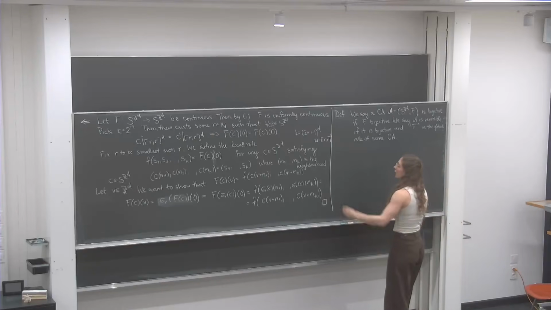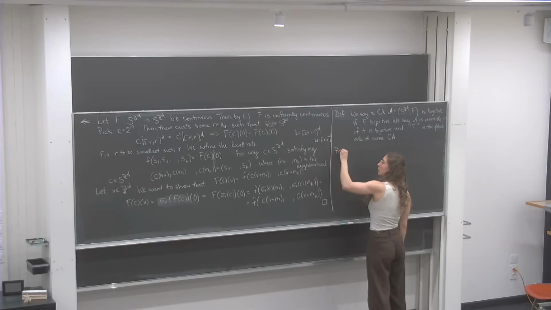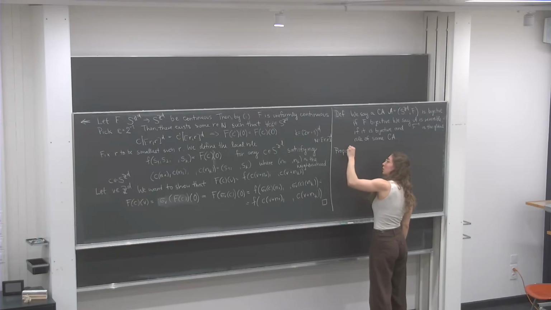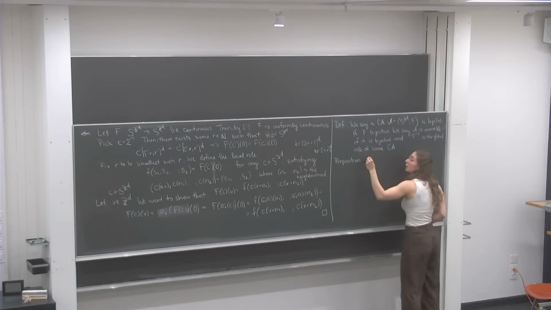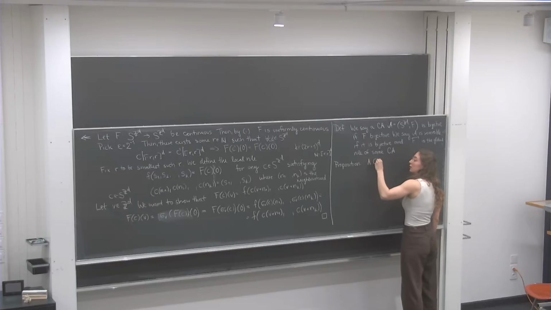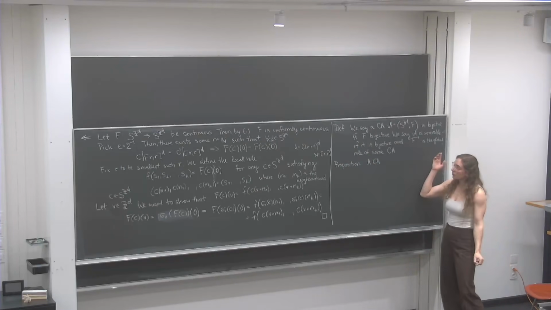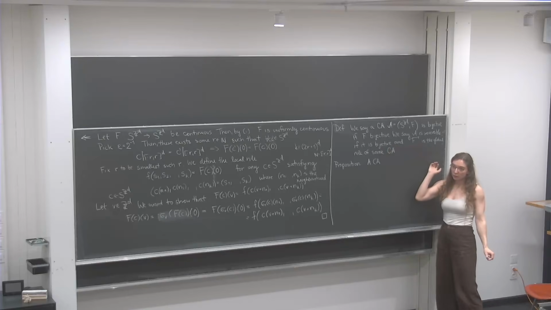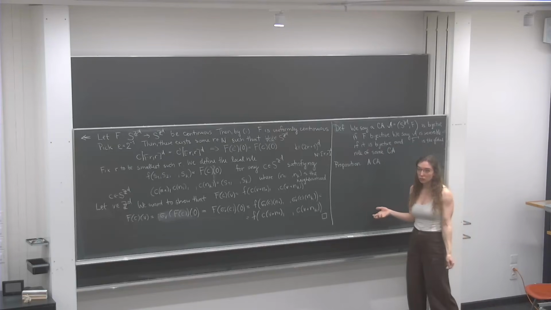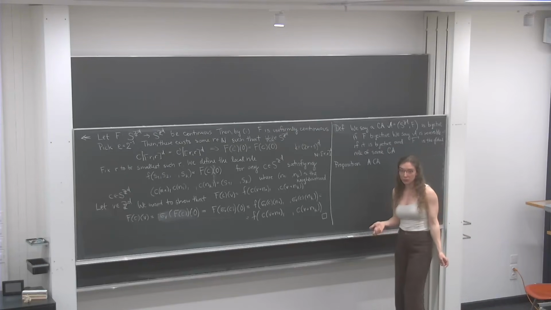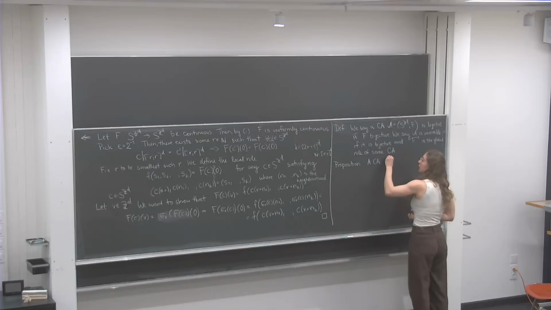So, proposition. The proposition is that a cellular automaton is bijective if and only if it is reversible. So the reversibility is not any extra condition, actually.